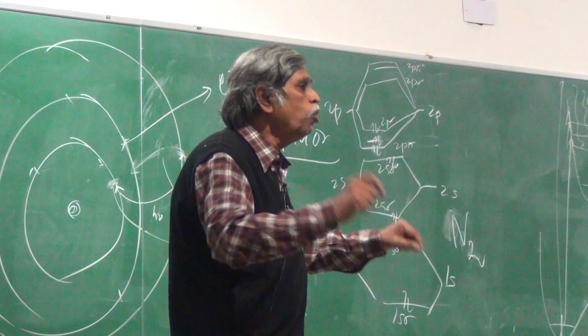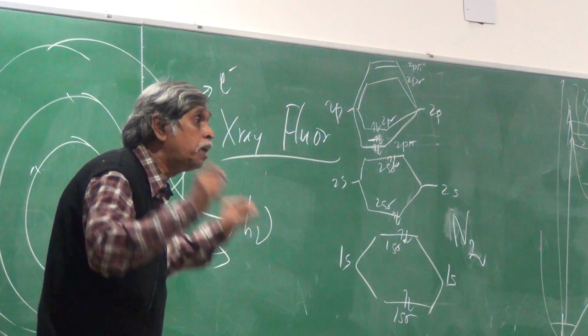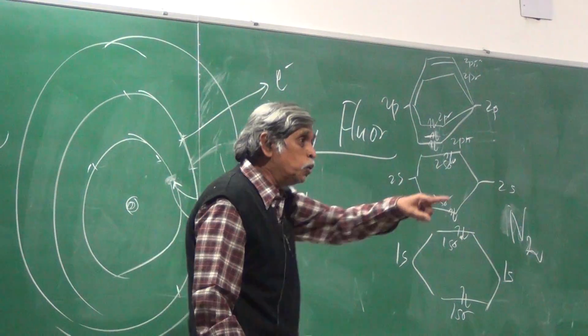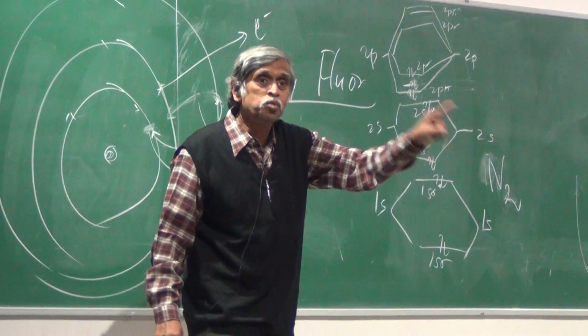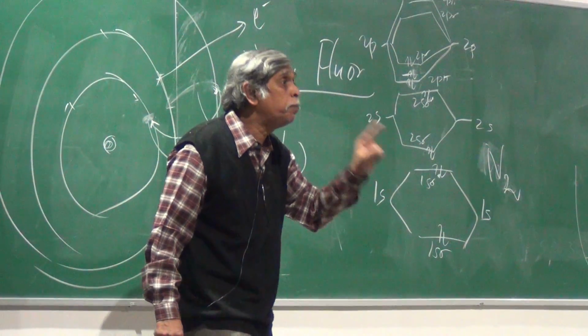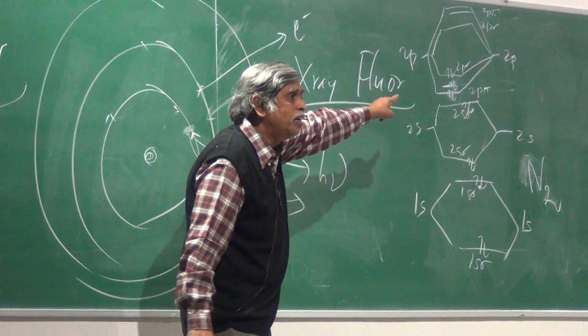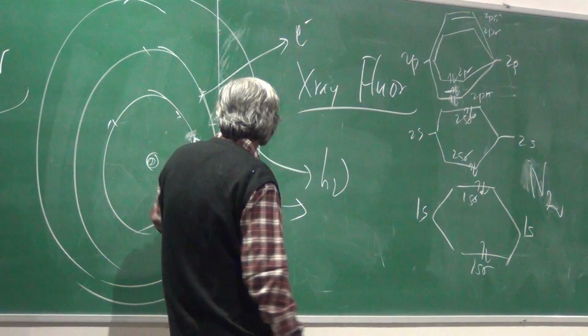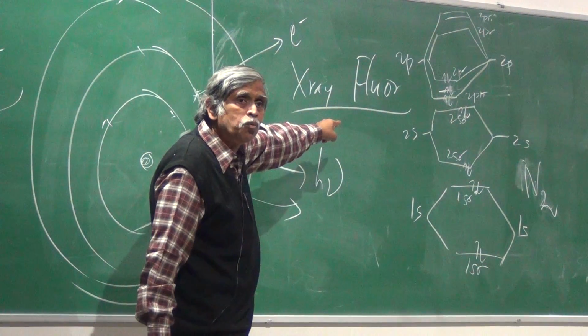The Auger electron kinetic energy does not depend on your hν. Your hν decides what the photoelectron kinetic energy will be for this guy to go out. But once this guy has gone out, what happens?